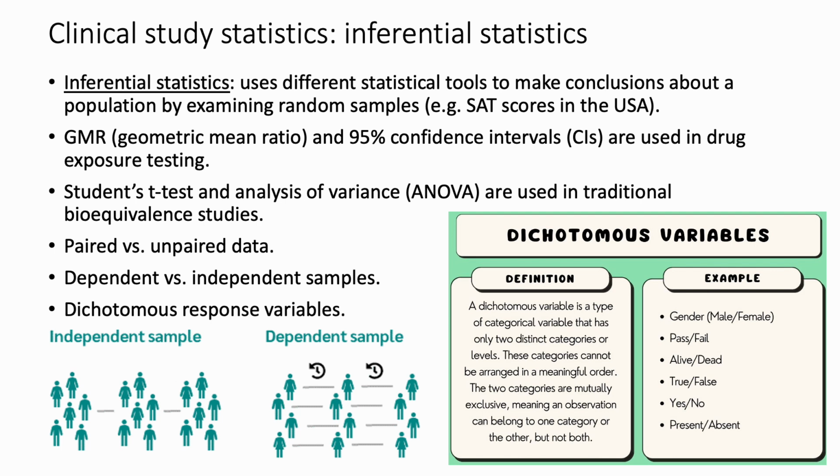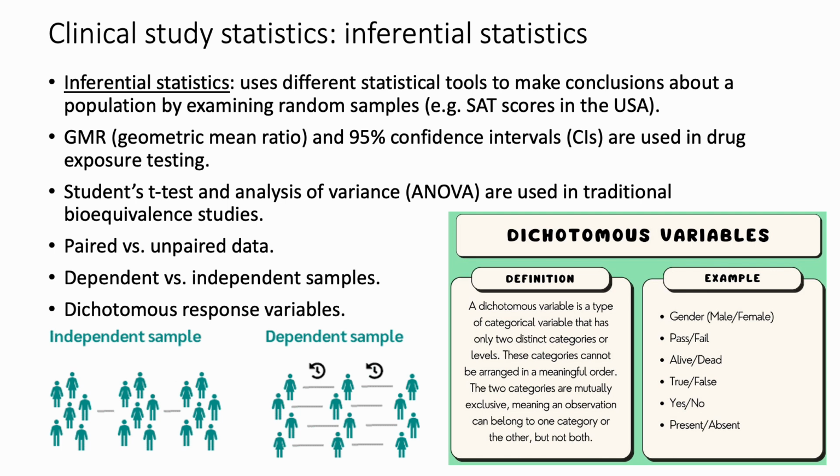Now, if we would like to look into inferential statistics, this is when we are dealing with quantitative data. So inferential statistics uses different statistical tools to make conclusions about a population by examining random samples. So we can also use geometric mean ratio and 95% confidence interval, again, in drug exposure testing.